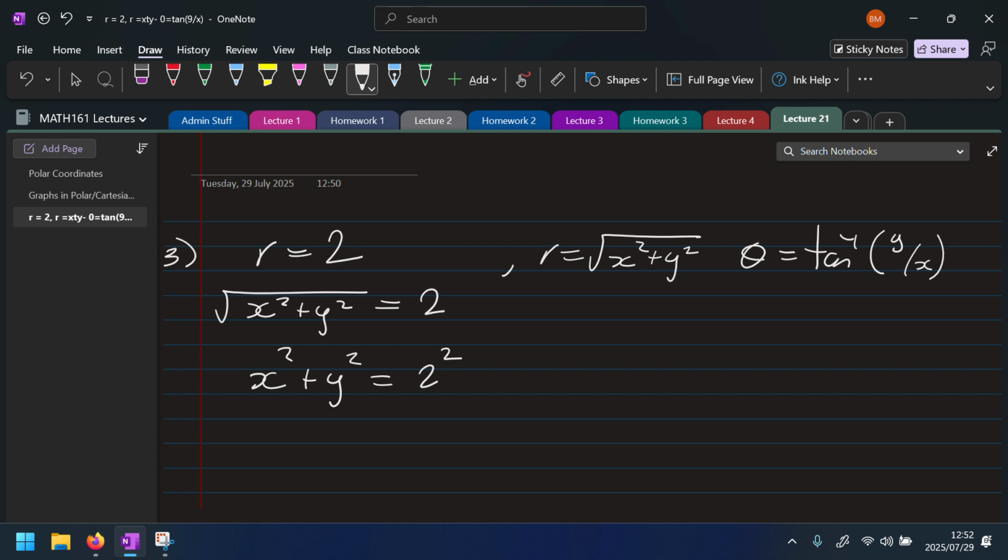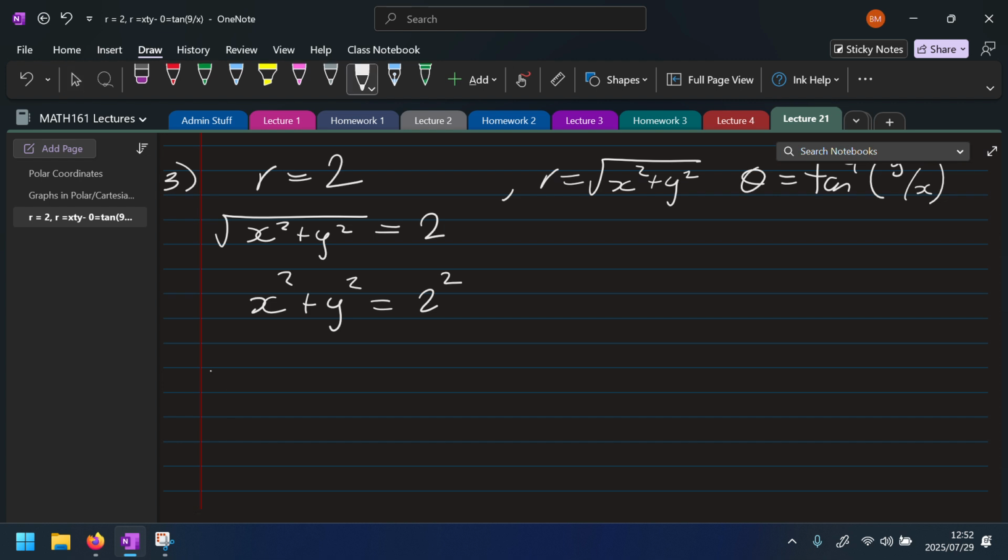Now this looks very complicated. Obviously you know what a circle equation is, but x squared plus y squared equals 4 looks pretty complicated in Cartesian. We know it's a circle of radius 2. What does that first equation tell us? The radius is 2. Much simpler. So in polar, what would we do?